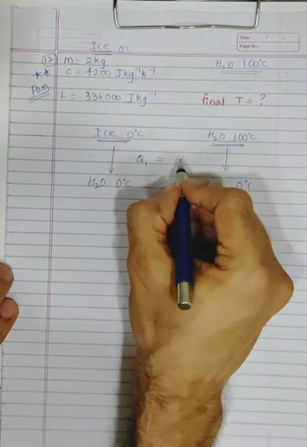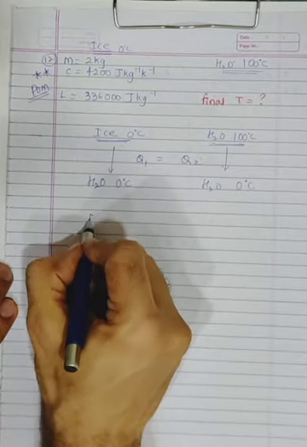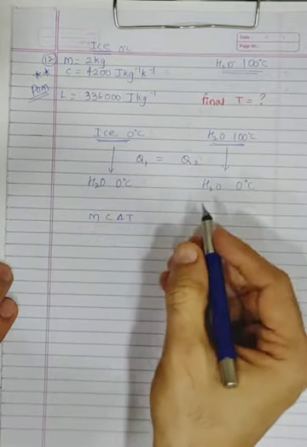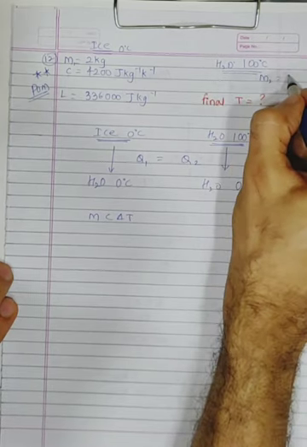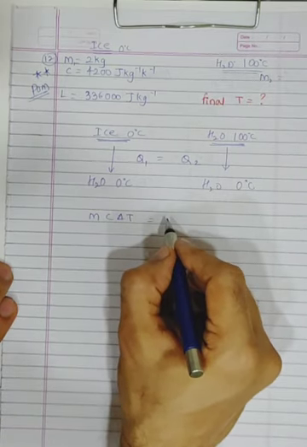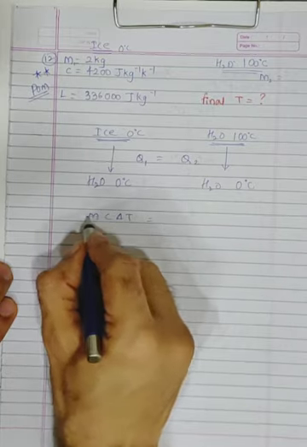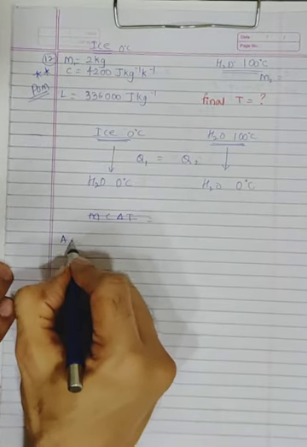So Q1 is equal to Q2. So we can say mc delta T is equal to... sorry guys, made a mistake here. First we'll write the statement.